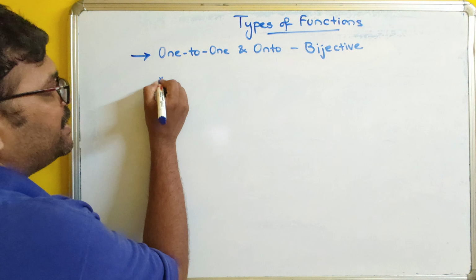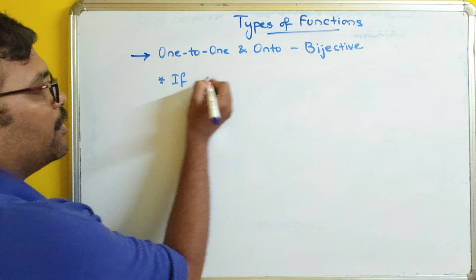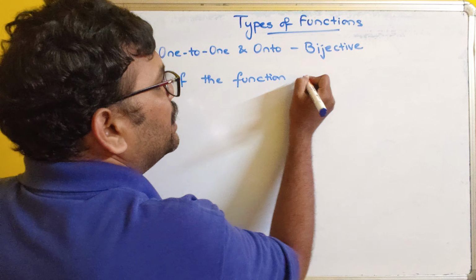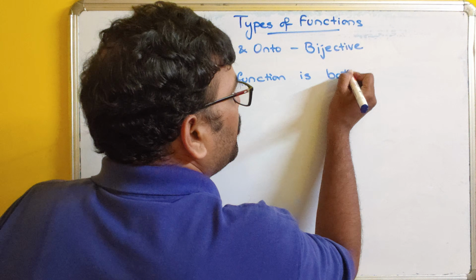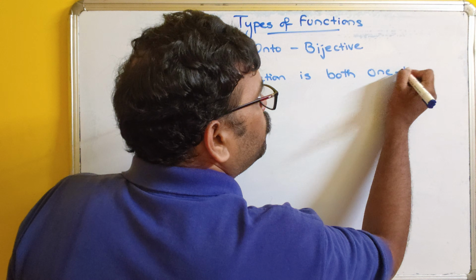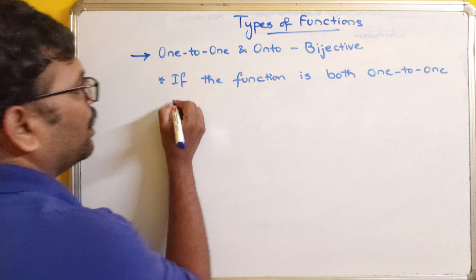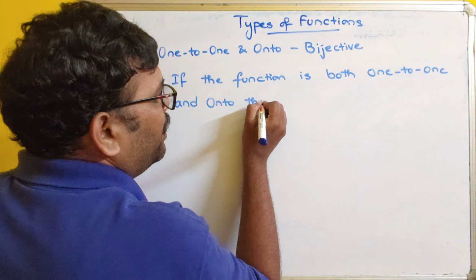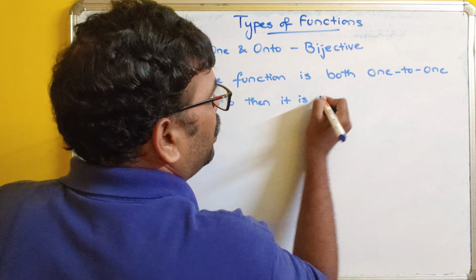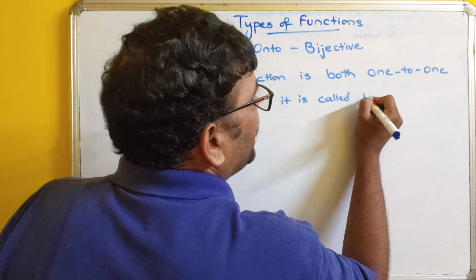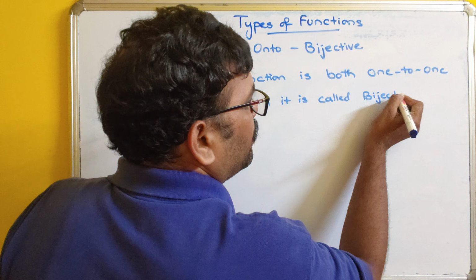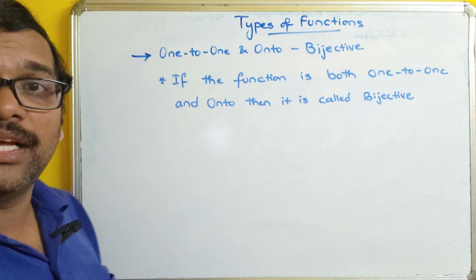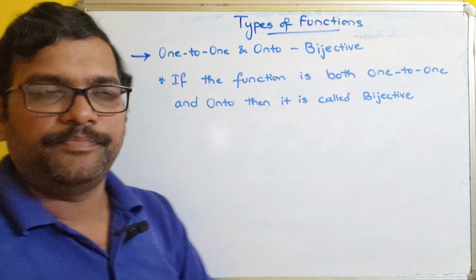So the name itself indicates if the function is both one to one and onto, then it is called a bijective function, right? So if the function satisfies both onto and one to one, right?